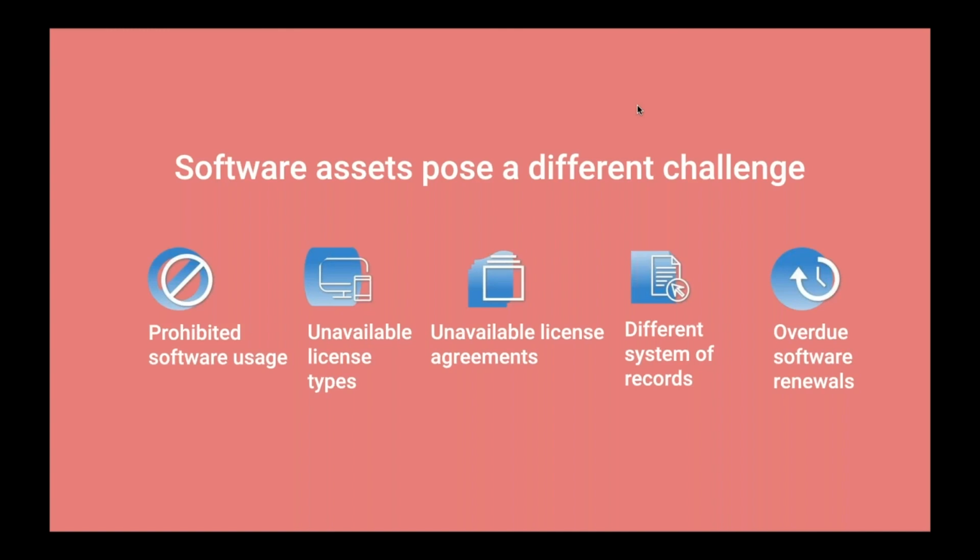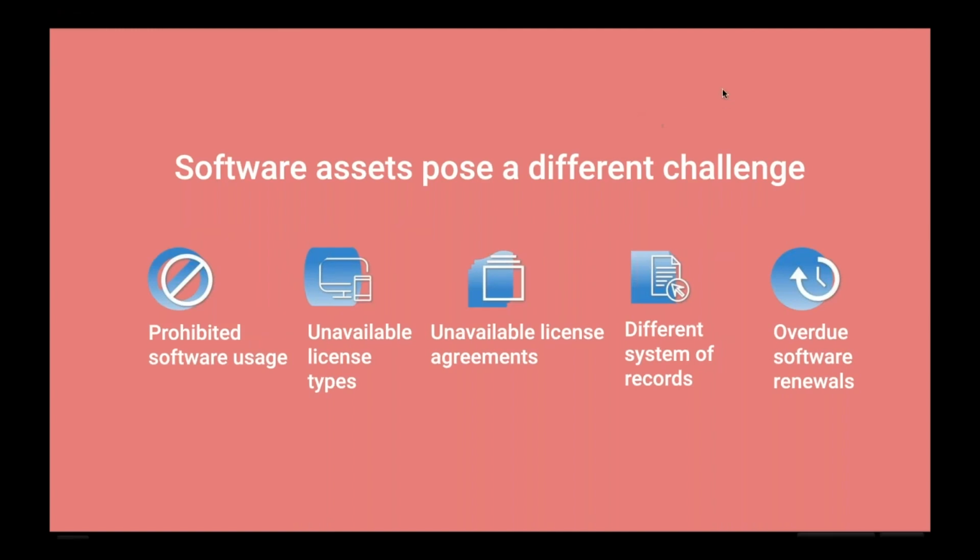There is also going to be a different system of records, so you might not have all the records in one space. You might have Excel sheets handled by different people, so you might not have all the information. All these are going to pose a challenge altogether.